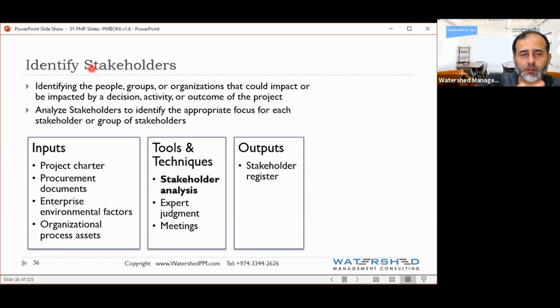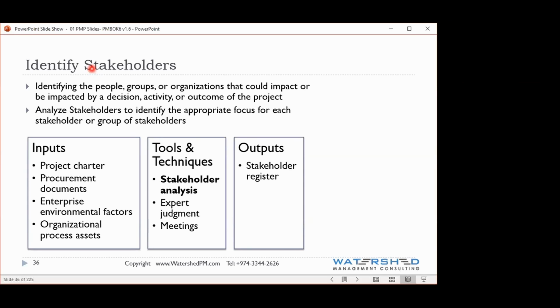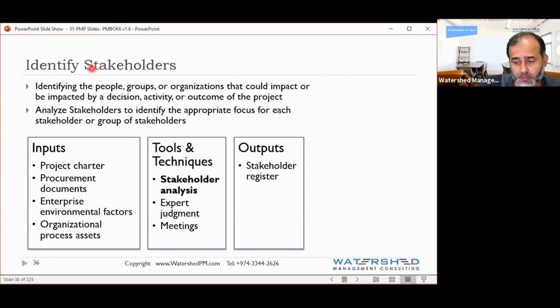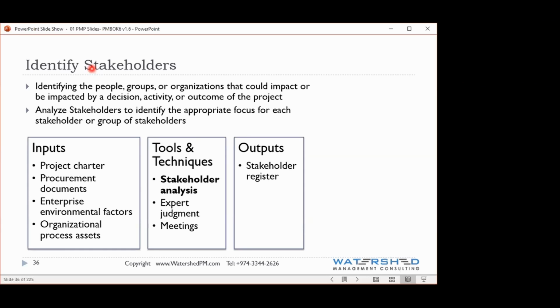Now let's do one more thing. What happens if you miss identifying stakeholders? So let's say some stakeholders are missed. It will be incomplete. What will be incomplete? The process.